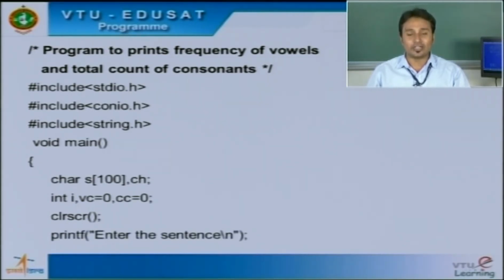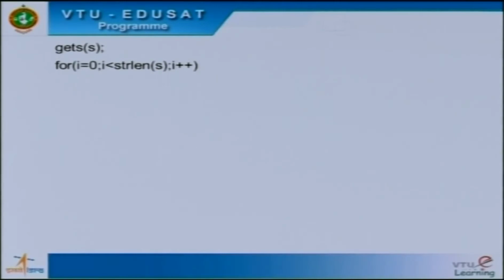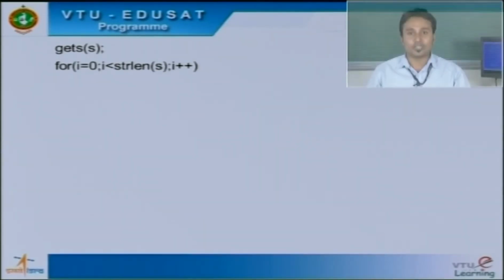We need to enter the sentence, and we will be scanning the string using gets of s. Here gets of s is an unformatted input statement. Next we have a for loop: for i equals 0, i less than strlen of s, i plus plus.